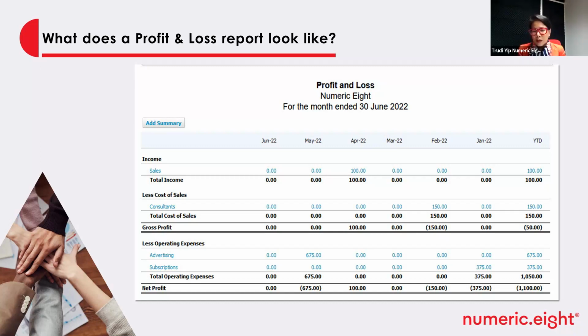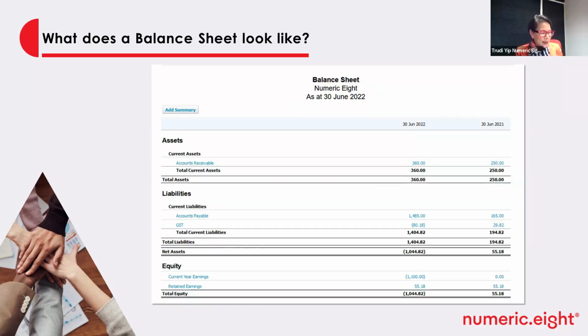And of course, that will absolutely influence your net profit. Otherwise, your other expenses are pretty much the same month to month. Okay, so hopefully that helps you identify what a profit and loss report looks like. Let's go to the next slide, which actually is, what does a balance sheet look like?